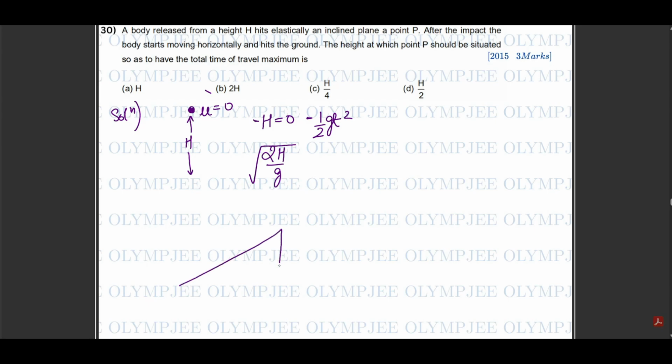Let the incline be like this. Let the particle be here at a height h, and let this height be x.